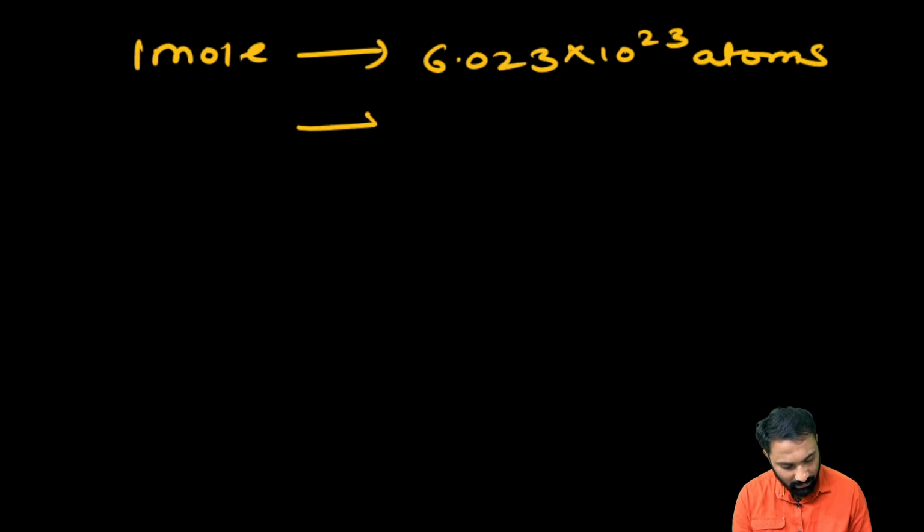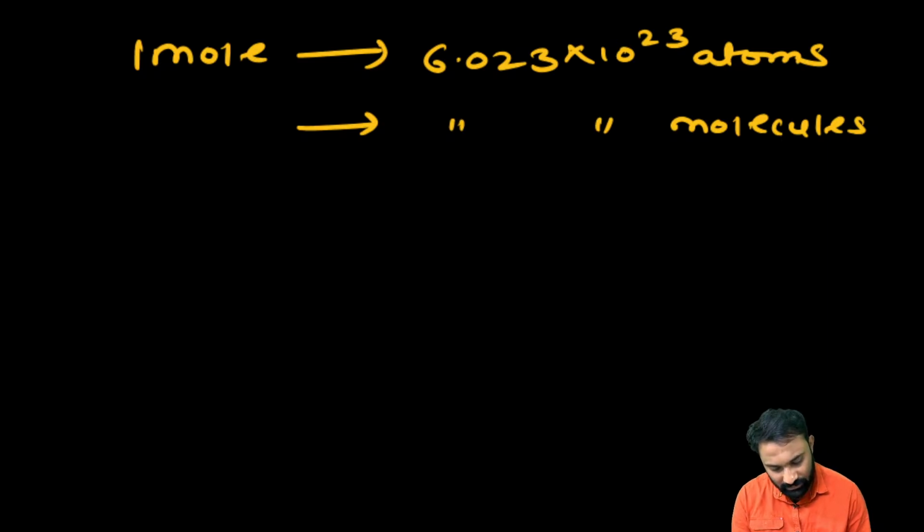Same, 1 mole contains 6.023 into 10 to the power 23 molecules, right? Clear? Avogadro number of atoms and Avogadro number of molecules. And we are having one formula for the number of moles: number of moles is equal to weight by molecular weight.